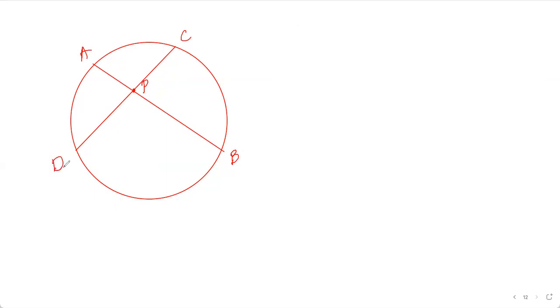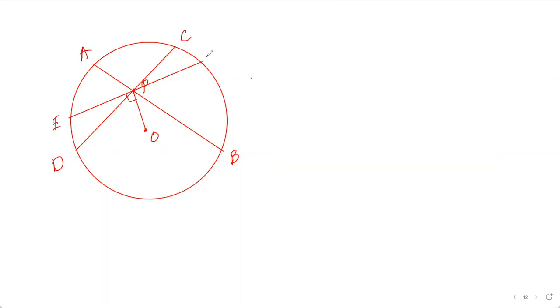Now suppose the center is at O, and now I'll join OP, and I'll draw a line which is perpendicular to OP and passing through P. So this is the construction I'm taking.